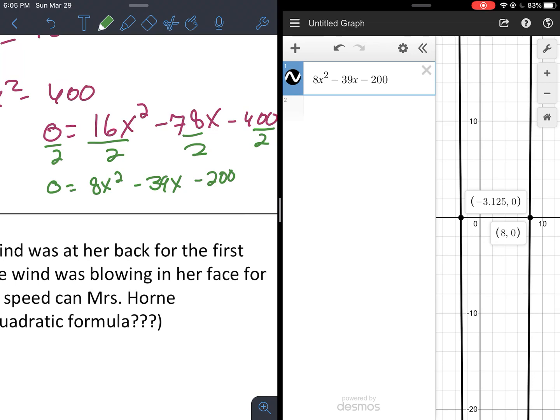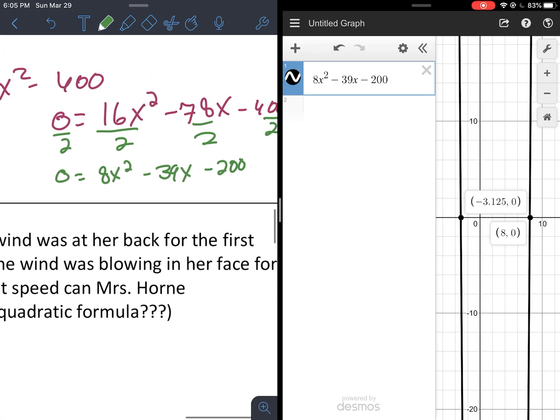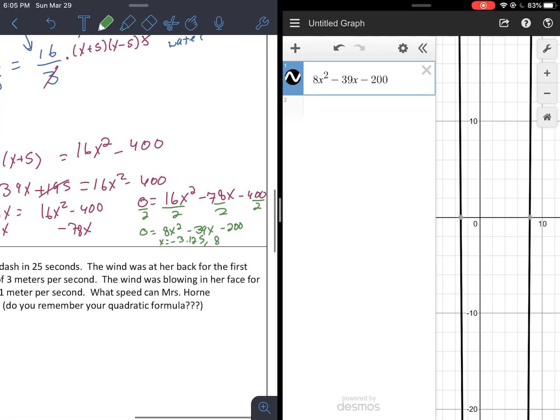Boom, we get zeros. Oh, look at that. Factors into x minus 8, and then 8x plus something. So our answers for this question are x is equal to negative 3.125, and x is equal to 8.